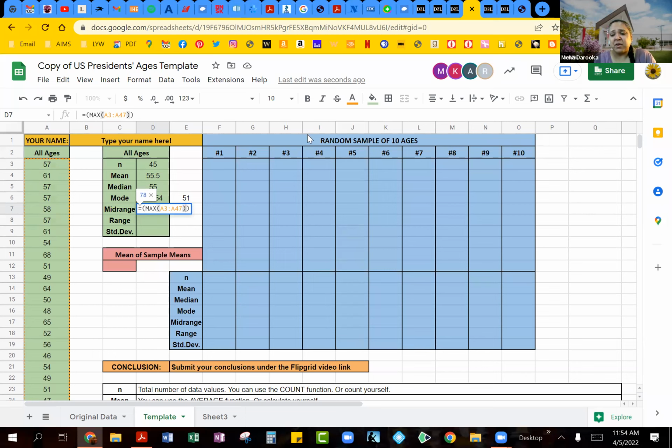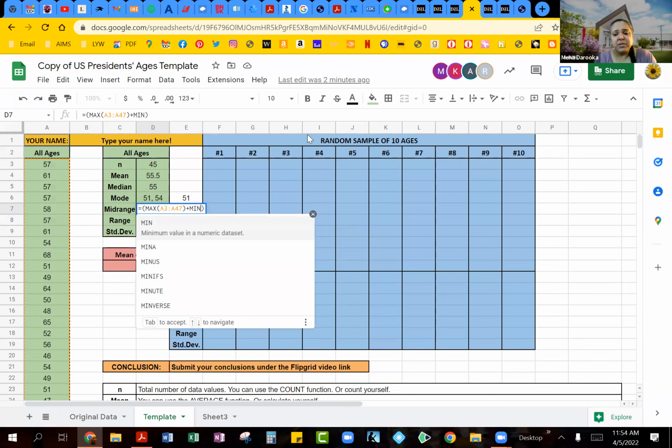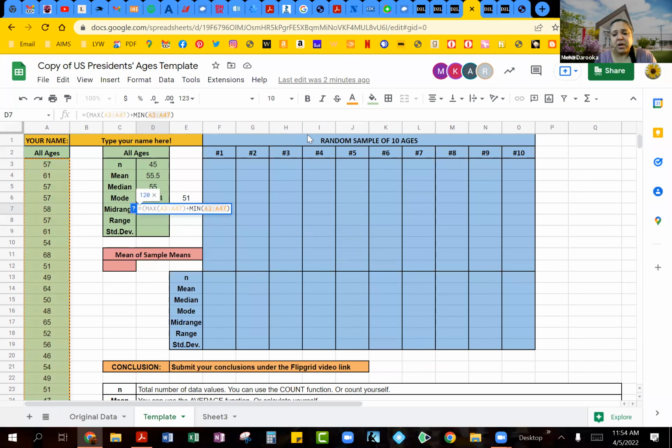So the maximum function, this will be adding the minimum function. And again, I'm going to put our ages, which as we just saw when we were doing our median, that 42 is going to be the minimum value. So we're adding the maximum and the minimum value, and then I'm going to come outside of my parentheses and then divide this by 2.